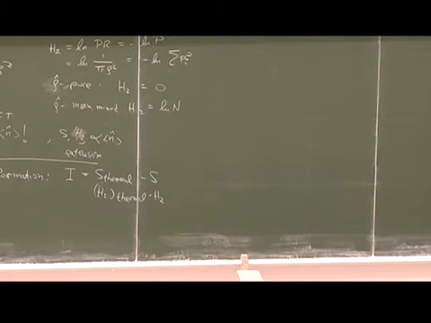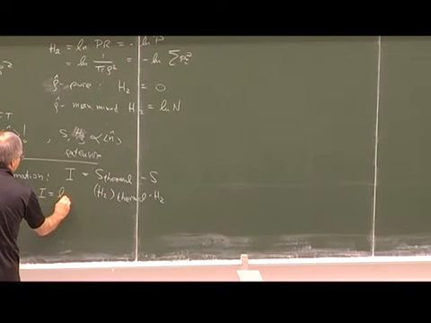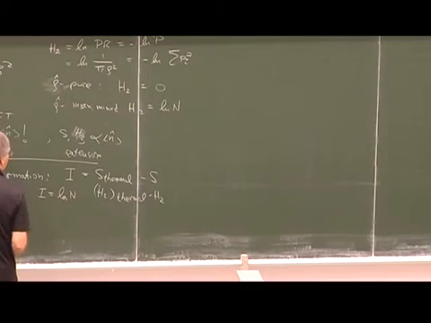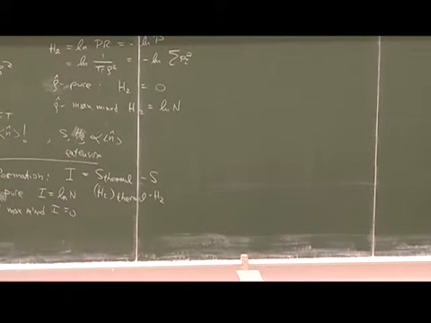So in this case, we can calculate, if rho is pure, the information is log n, and if rho is maximally mixed, I is 0.